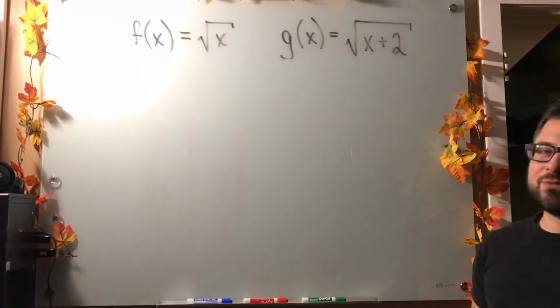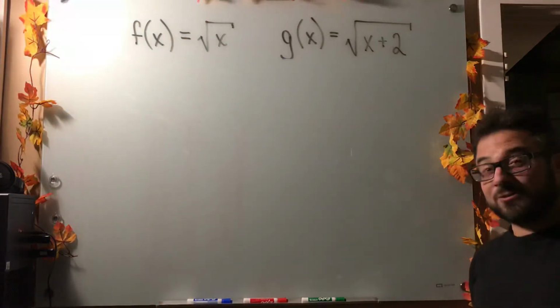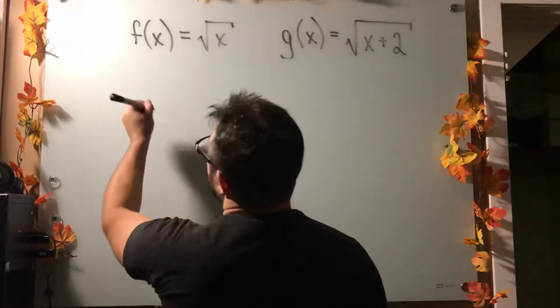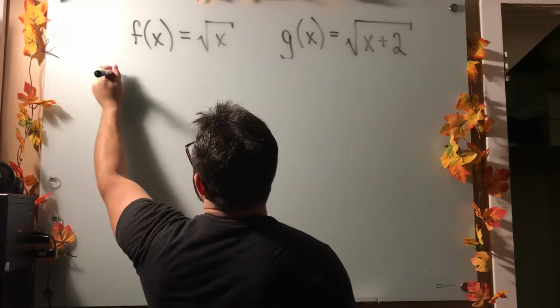That makes this a little bit more interesting, of course, because it means we have to kind of start with a y value. So for example, suppose I want to produce the y value of 3.